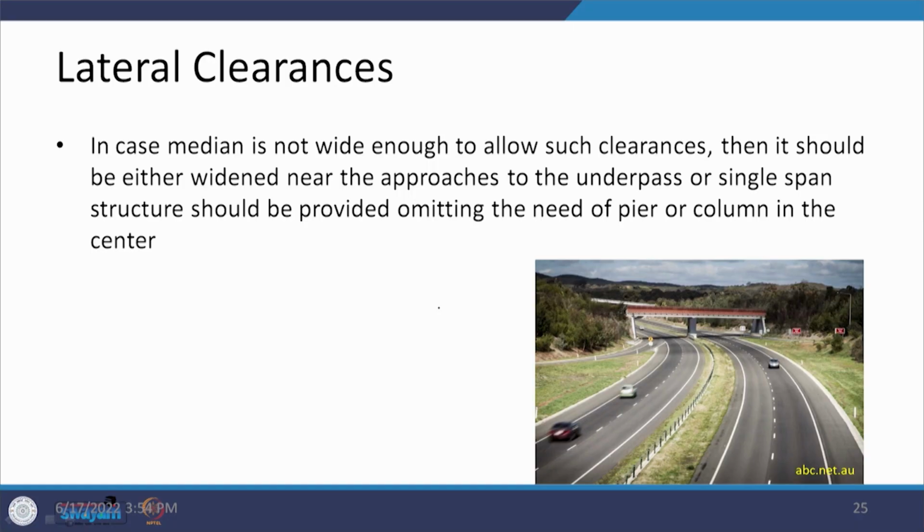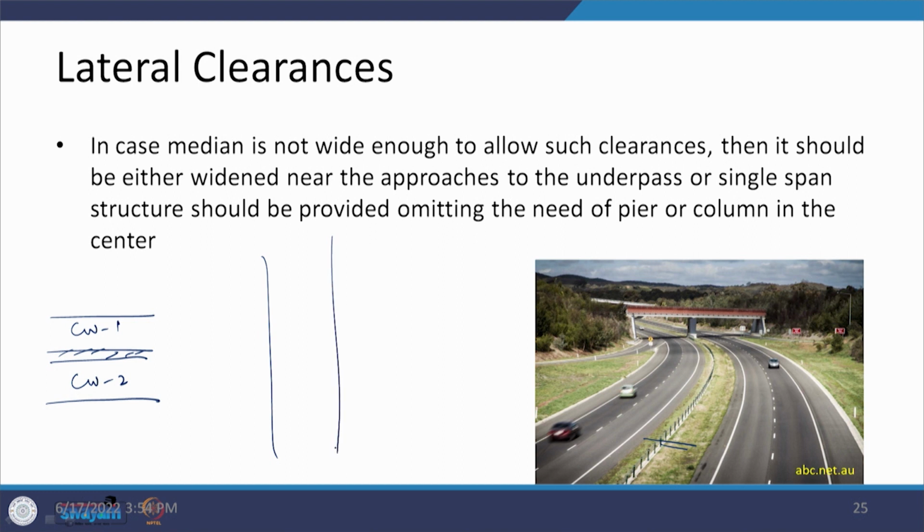Now, here is a case where the medians are being provided, but there may be a possibility that we have a carriageway like this, and there is a median and a carriageway. So this is carriageway 1, this is carriageway 2 and this one is a median. Now, there is a crossroad going here and therefore this is going to pass through it.